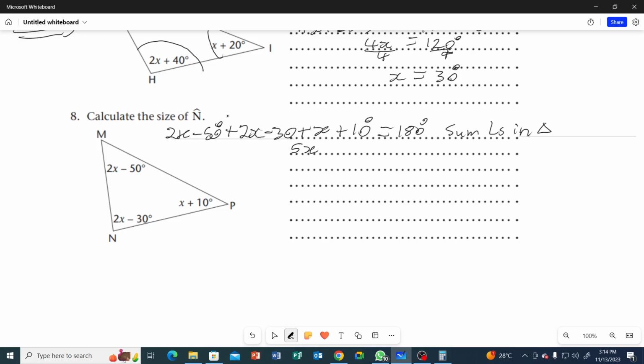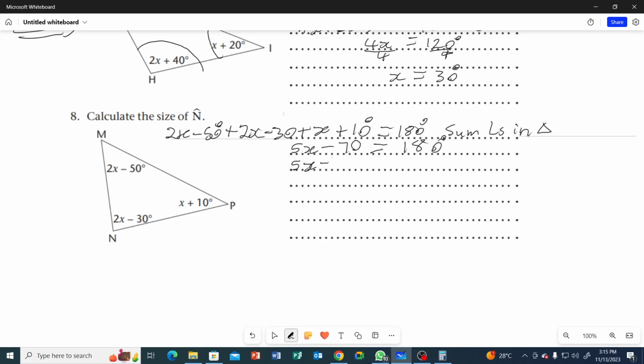Now if you add negative 50, negative 30 plus 10, they will amount to negative 70 degrees, which is equal to 180 degrees. Now I will take 70 to the other side. It's that principle we apply when we say what you do on the left hand side, you must also do on the right hand side.